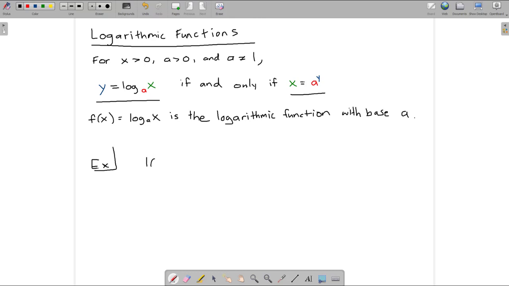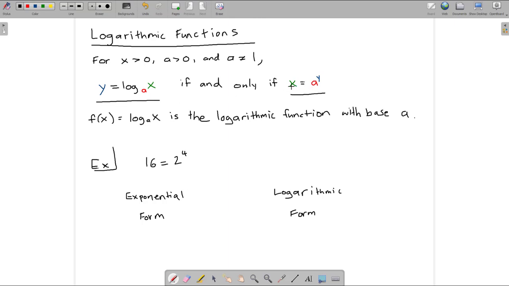We can say 16 is equal to 2 to the 4th, right? And this would be the exponential form of this equation. But let's write that in logarithmic form. Well, all I have to do is compare this exponential version of the equation with my logarithmic version here.